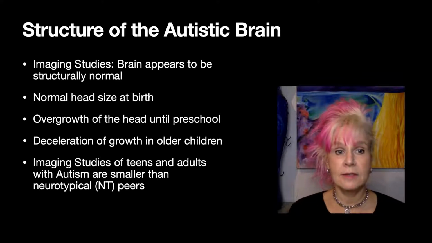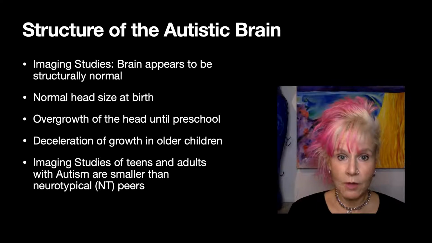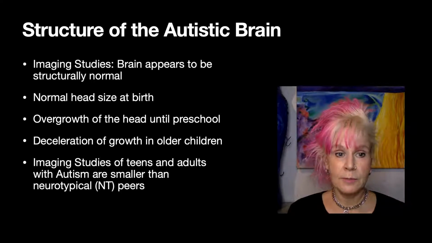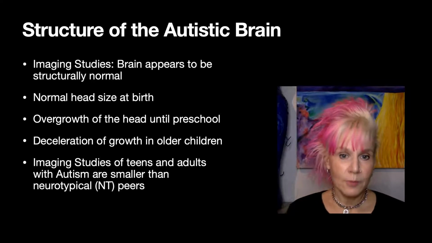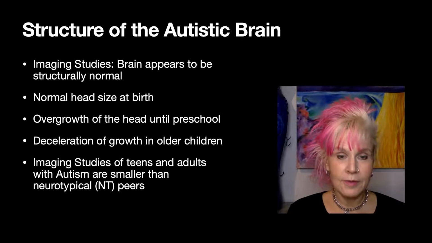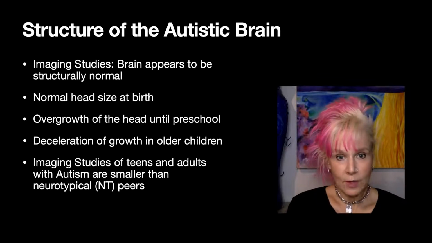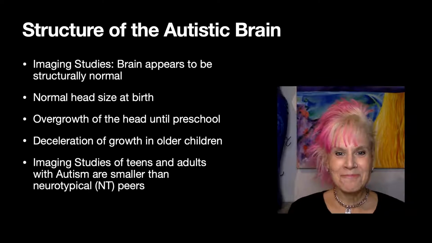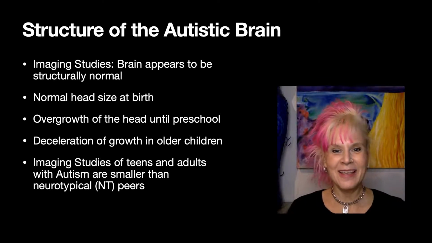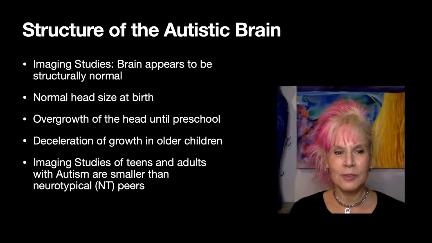And in imaging studies of teens and adults with autism, we see that their brains are smaller than their neurotypical peers. And I prefer the term neurotypical to quote unquote normal, because really, what is normal? I don't know. So it's just comparing with children who appear to be developing in a neurotypical way.